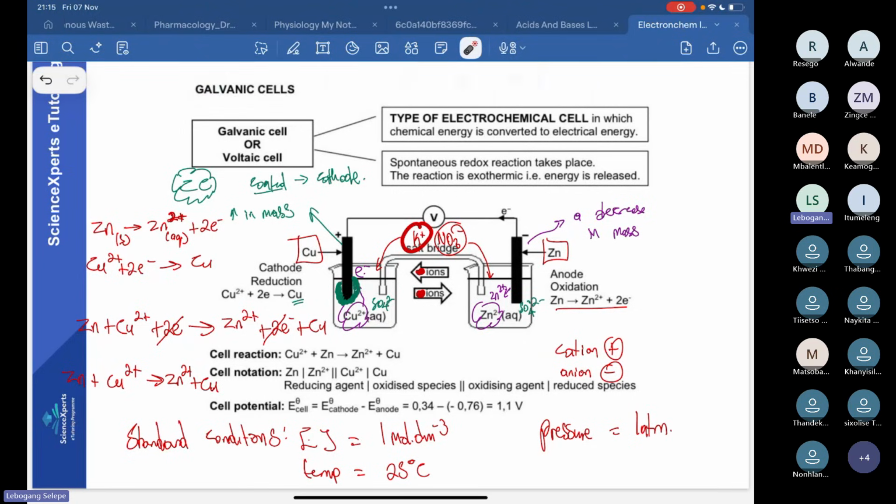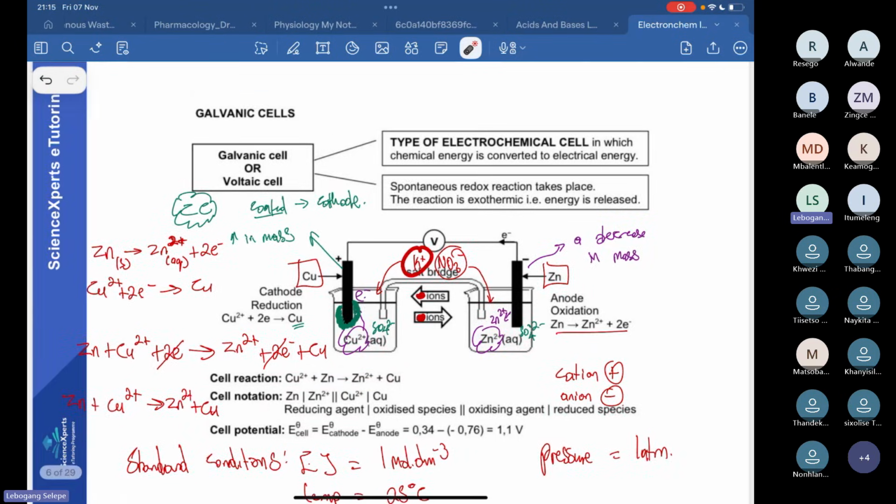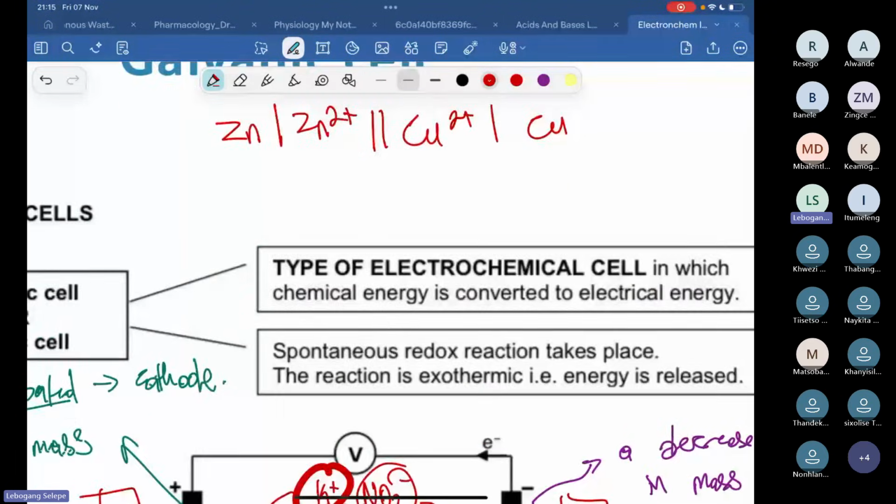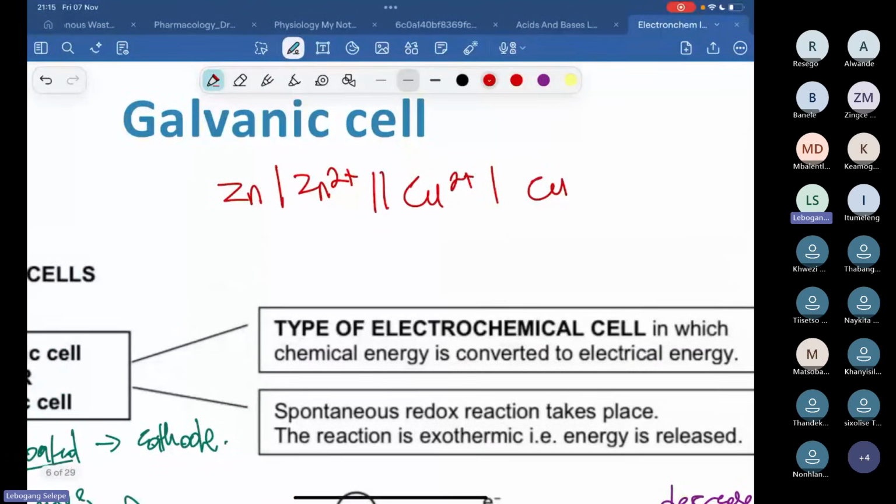So if they ask you to show your standard conditions on the cell notation, you're just going to go here. Let's use this one as an example. Remember, our cell notation is Zn, giving us Zn2+, then we have Cu2+, giving us Cu. If we were asked to show our standard conditions on the cell notation, remember, concentration only applies to what?